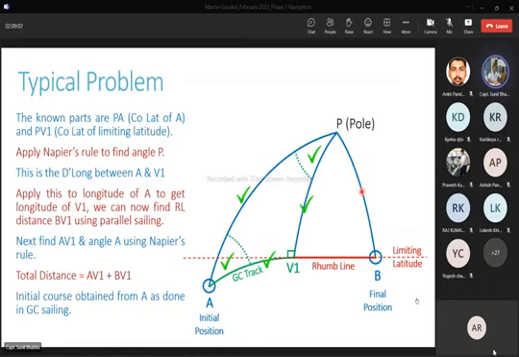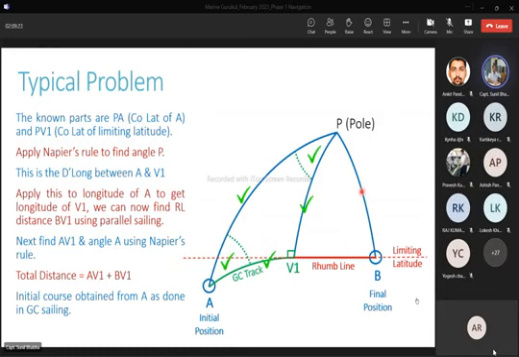If you follow the GC track, direct GC track from the initial position A to final position B, you will never be crossing the limiting latitude at all. So once it is clear to you, you get a negative angle P, just write a remark there.